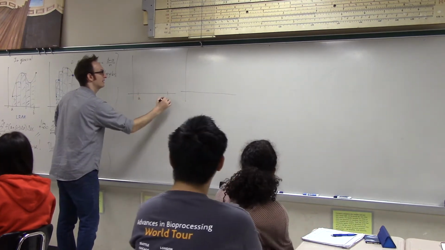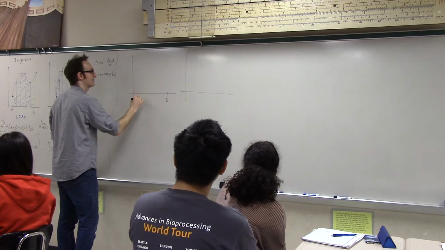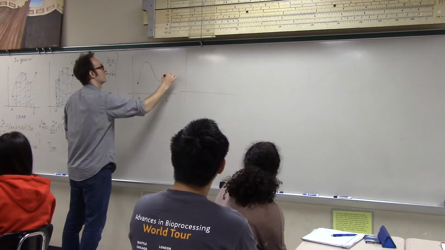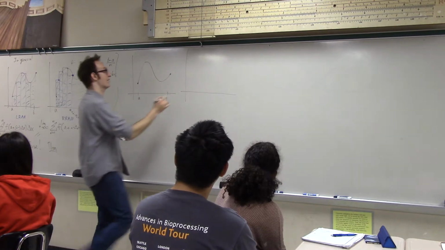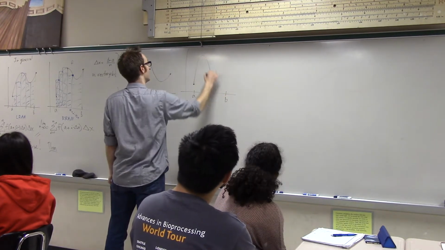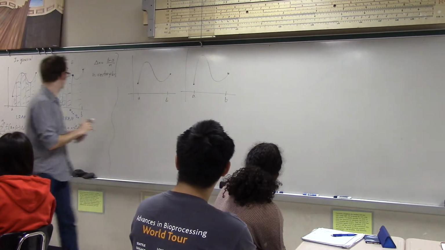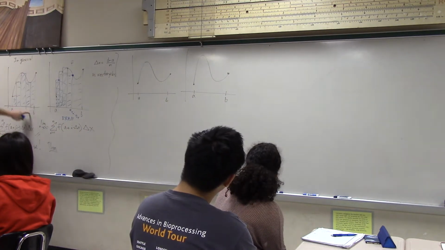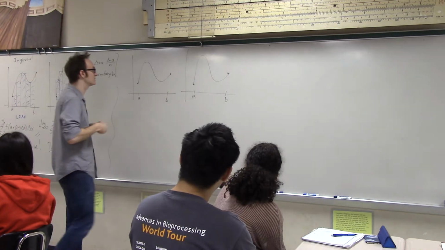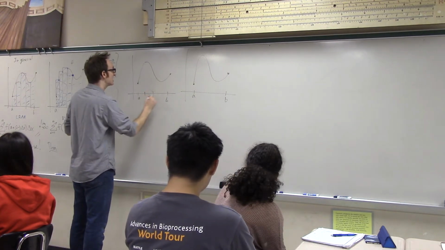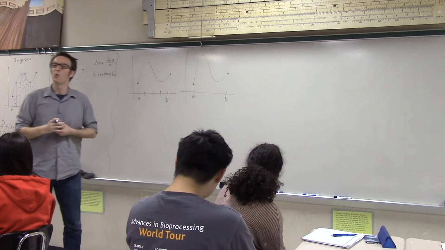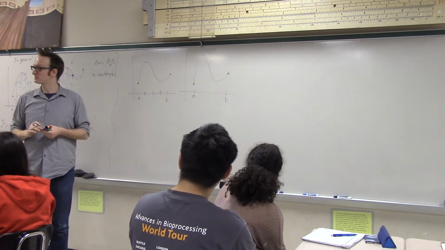If my interval is from A to B, and it has some kind of function, here's A, here's B, not only could I use LRAM versus RRAM, I could go into each interval and take where the function is smallest.